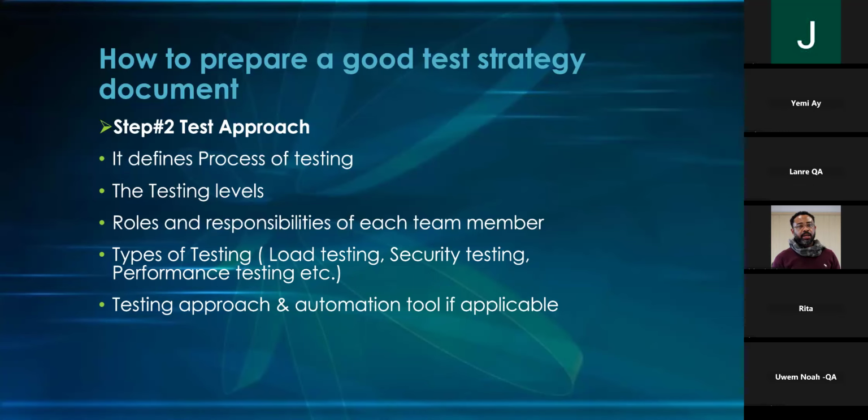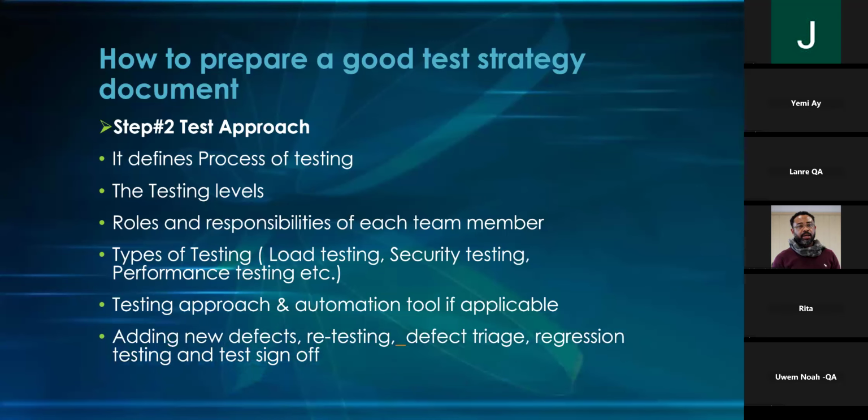It determines the various programming languages. We've got Python, we have different ones that we can actually work on. So what test approach are we going to take, and also the automation tools if applicable. Adding new defects, retesting, defect triage, regression testing, and test sign-off.